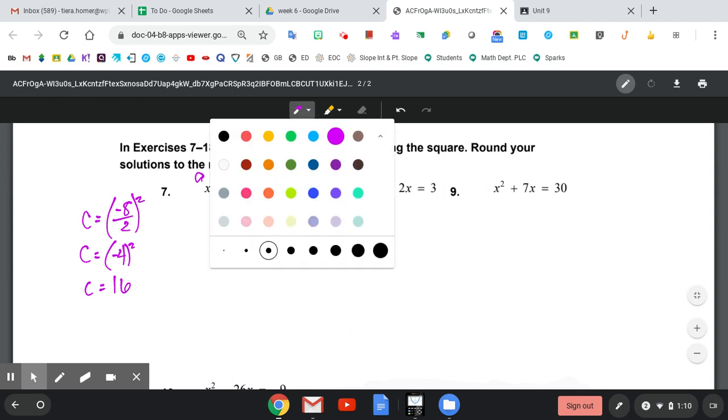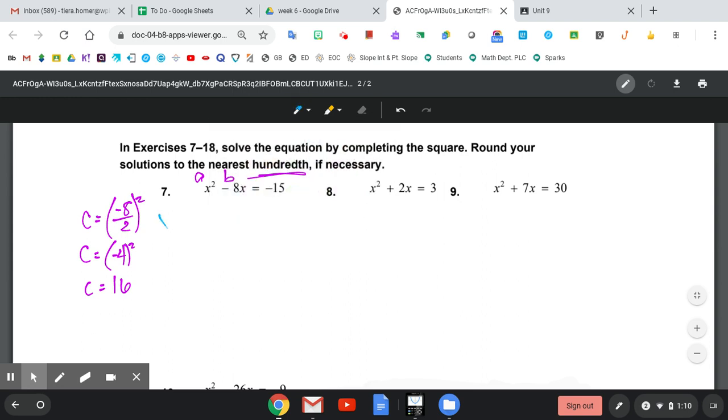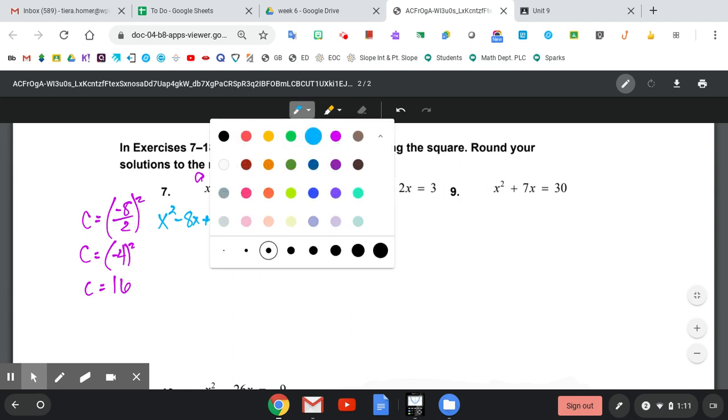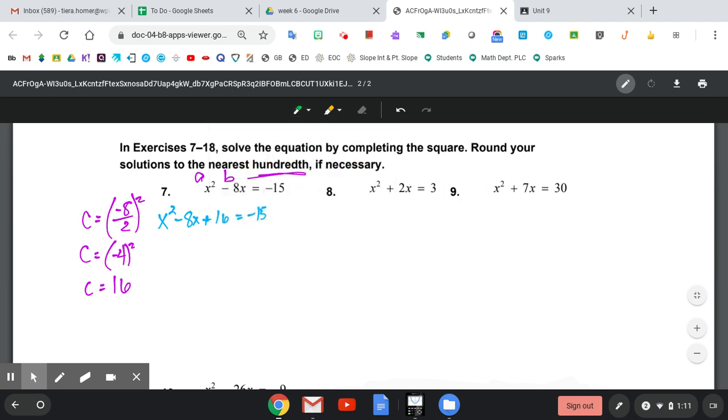So when we go to put this into our equation, we have x squared minus 8x plus 16 equals -15.